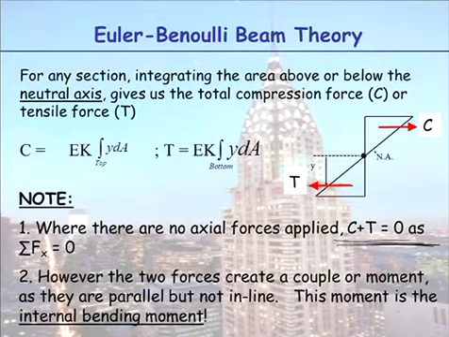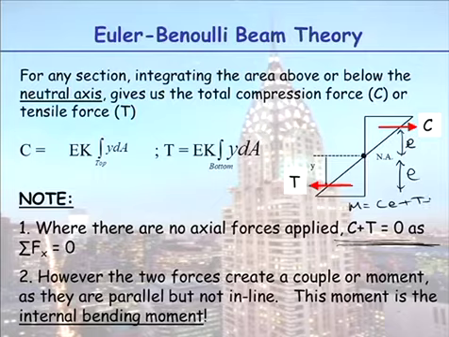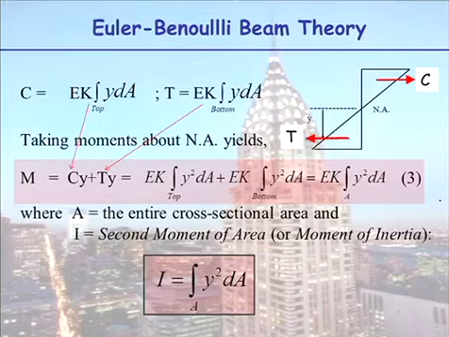Well, if we take moments in the middle of the beam, and I know that distance there, I'll call that e, and this beam is symmetrical, I'll call that e. What's my moment equal to? It's equal to C times e plus T times e. Force times distance plus force times distance. So that's what we're doing.